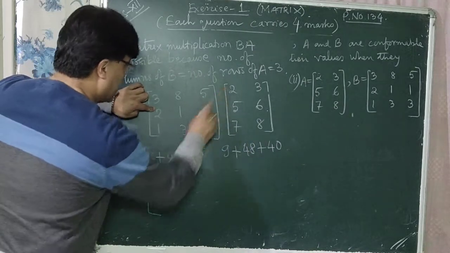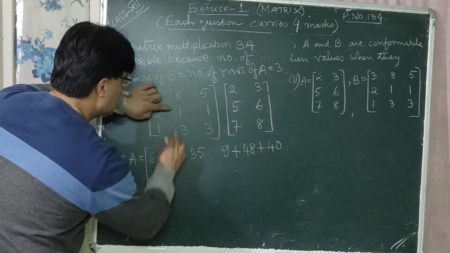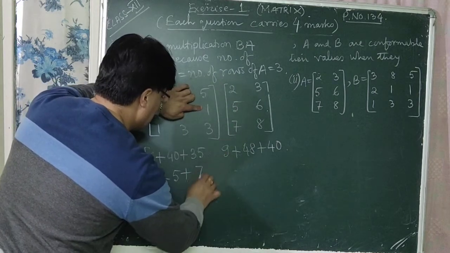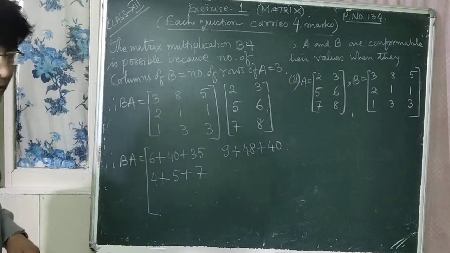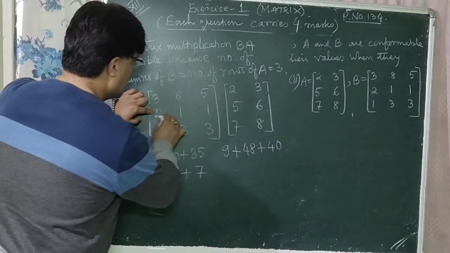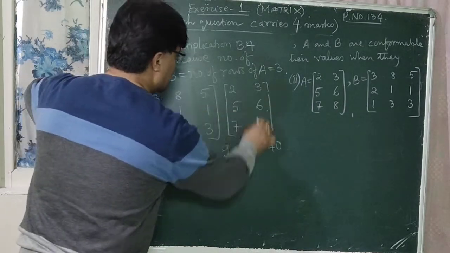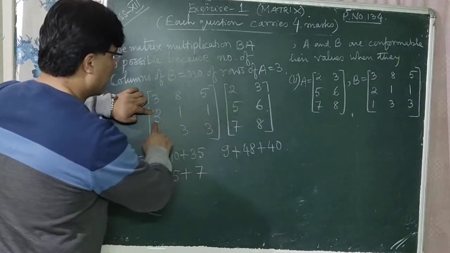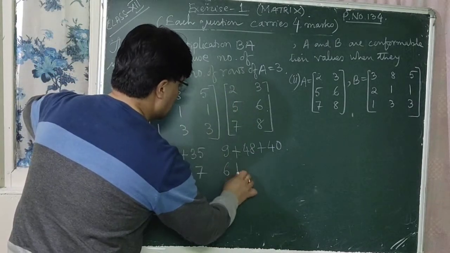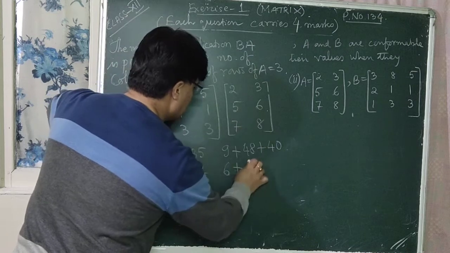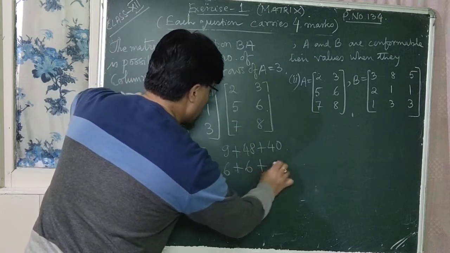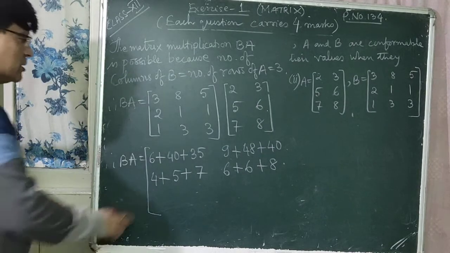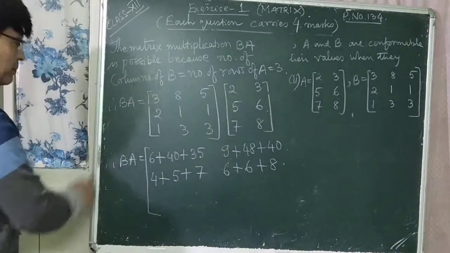That is 2 2s are 4 plus 1 5s are 5 plus 1 7s are 7. Right? Next, this second row should multiply the second column. The corresponding elements should be multiplied. 2 3s are 6 plus 1 6 is 6 plus 1 8s are 8. Right? So this is your second row of BA.